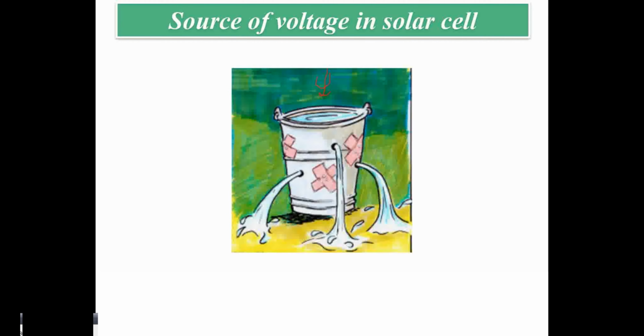That is what the VOC is. Your voltage output is the water level in the bucket, and due to intrinsic recombination or other extrinsic recombination, symbolized by these holes, the VOC or water level is decreasing. That is the condition in a solar cell.